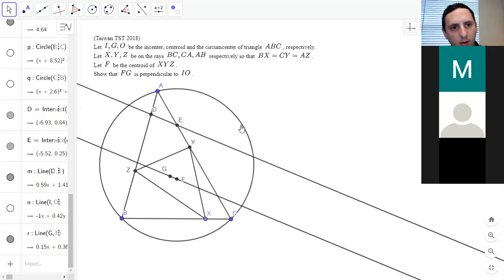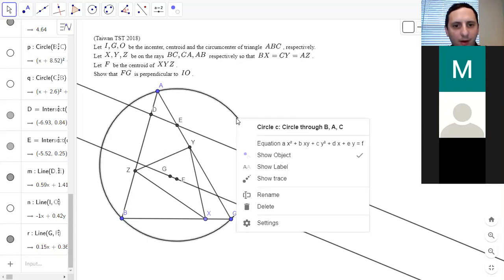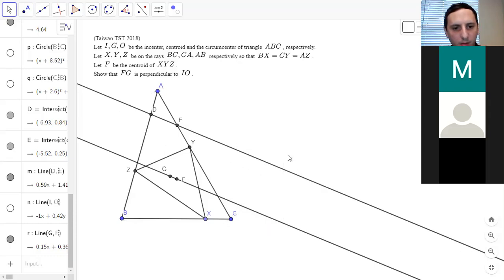EY equals XC. Interesting. And BX is equal to DZ. So yeah, we could hide the circumcircle too, even, right? Actually, I guess it's not true. DZ equals BX.